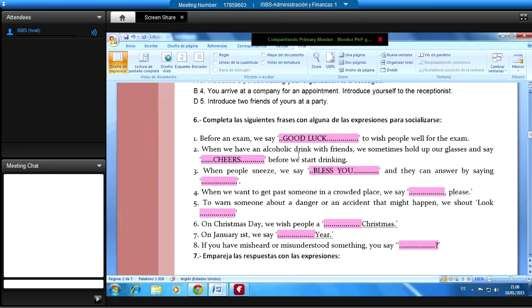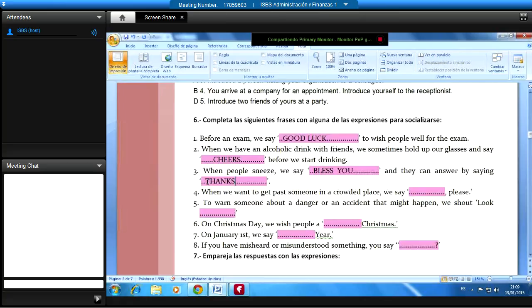Bless you viene de God bless you, que Dios te bendiga. So when people sneeze, we say bless you, and then they can answer by saying thank you, thanks, or any form of thanks.